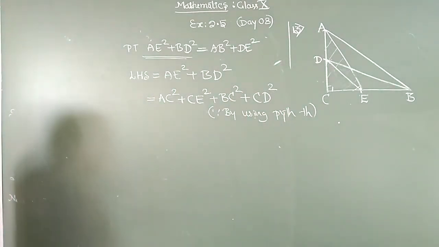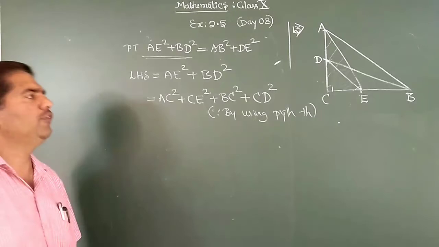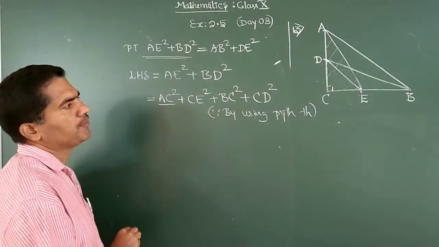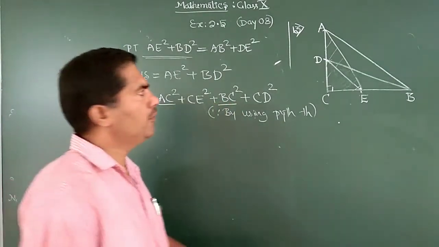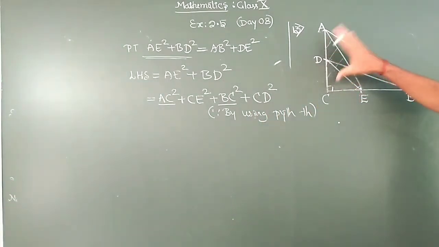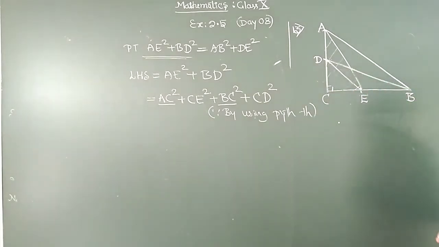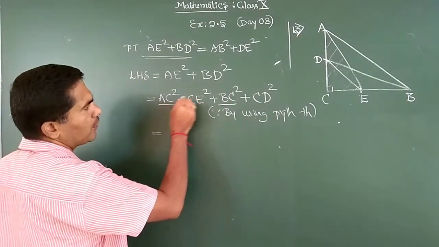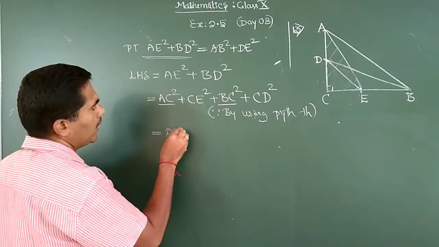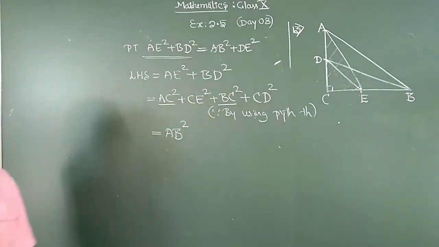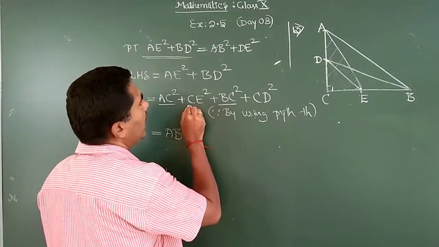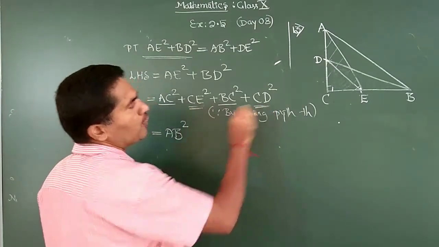Now go on observing. You have AC square, you have BC square, CD square, CE square. It is not too much. AC square, BC square. Where is AC? This is AC square, BC square. So that is equal to AB square. By using Pythagoras theorem, you can write AC square plus BC square equals AB square, since triangle ABC is right angled. Now see CE square and CD square.